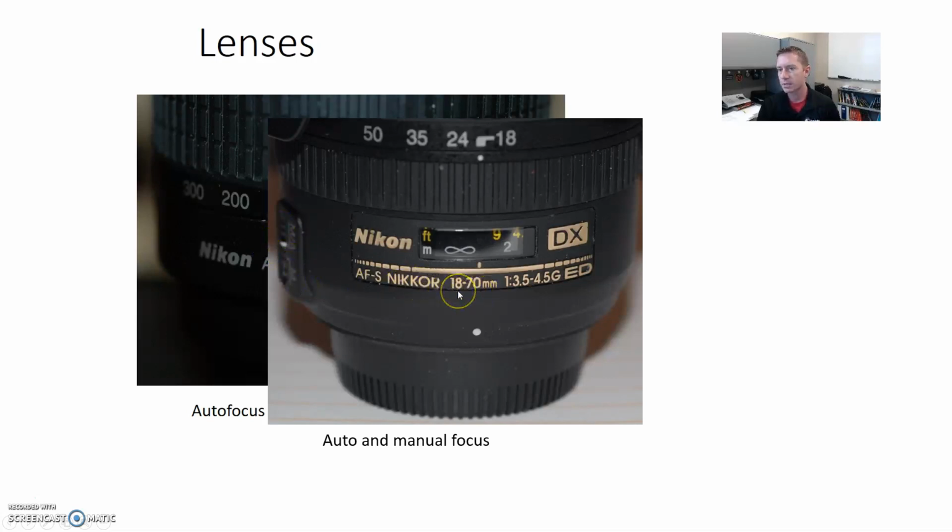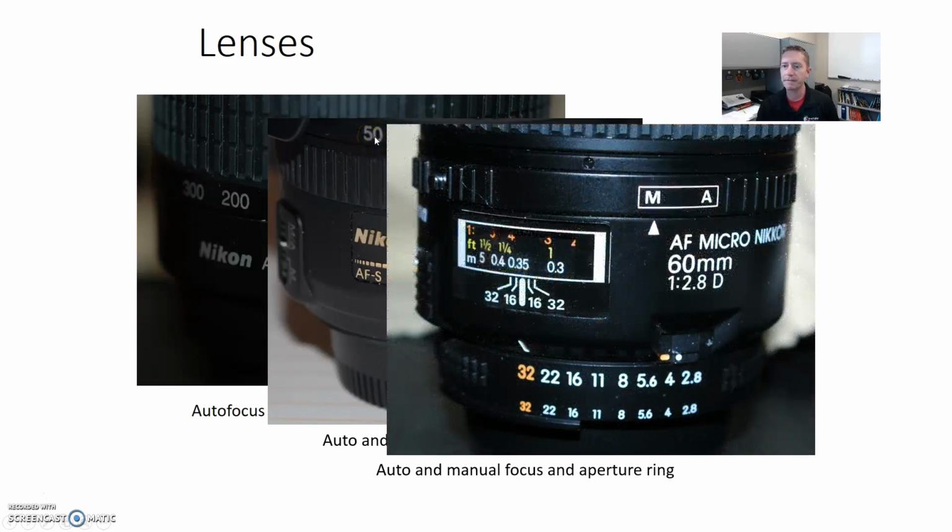This is the typical lens you get with a camera when you buy it at the big box store, with an 18 to 70 millimeter zoom. You can see they're noted on here: your 18, your 24, your 35, your 50, the 70 is over here, and there's that little dot that shows what you're set at. So you would want to keep your camera set right close to the 50.